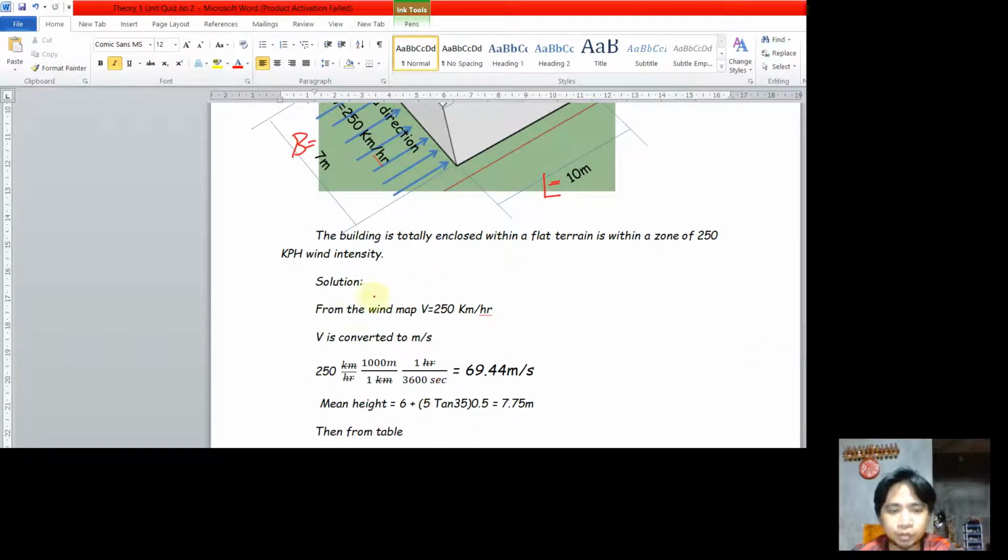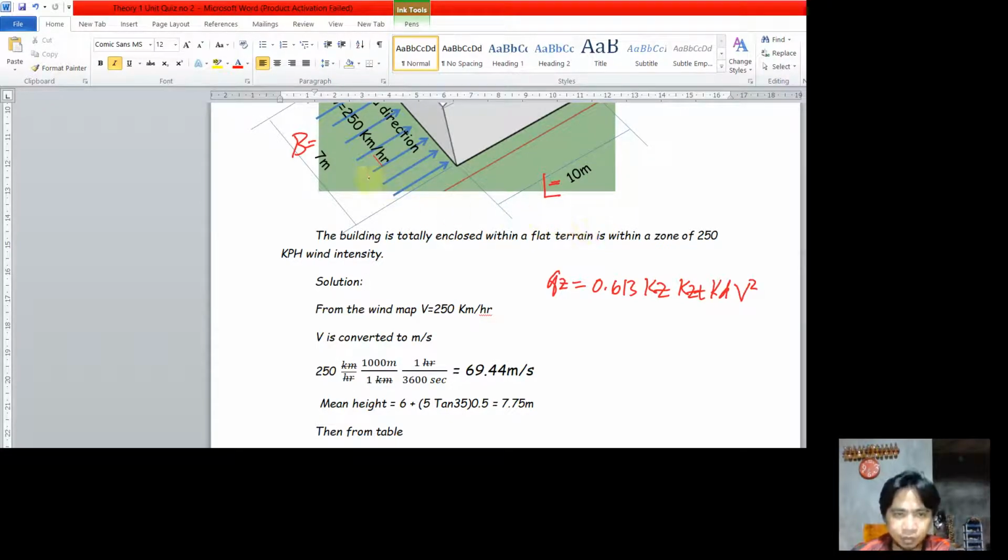Before we substitute in the formula of QH, or this is QZ actually, for English units shall be equal to 0.613 Kz, Kzt, Kd, and V squared.